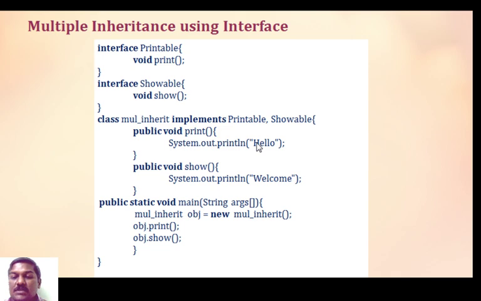The first one is called Printable, then the second one is called Showable. Now I am going to include these two interfaces into a class called MultiInherit. So MultiInherit will implement Printable and then Showable.